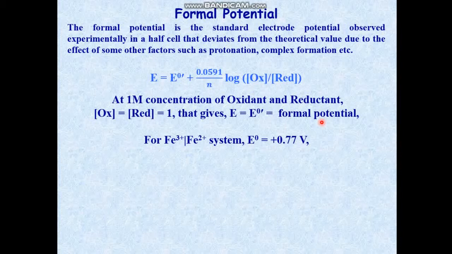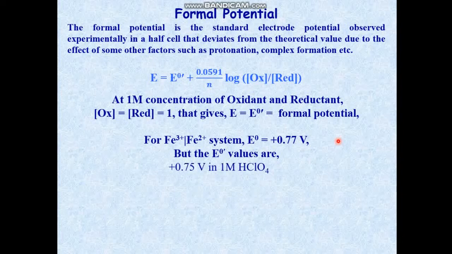Let's elaborate with examples. For example, take the ferric ferrous system, which has a theoretical standard electrode potential of plus 0.77 volt. Now let us find what happens to its E0 value when it is taken within an acid medium.